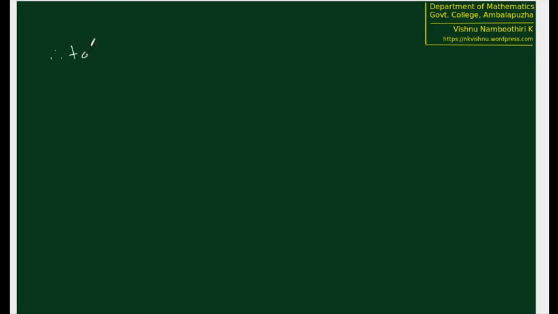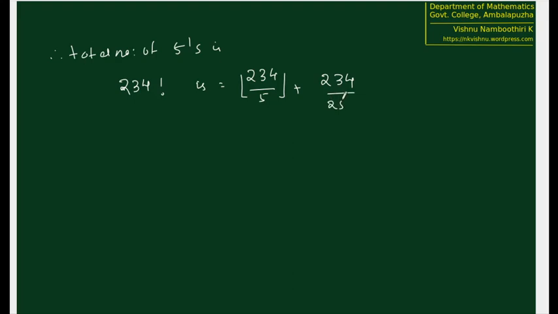Therefore, the total number of 5s in 234 factorial is equal to the floor of 234 by 5 plus the floor of 234 by 25 plus the floor of 234 by 125.